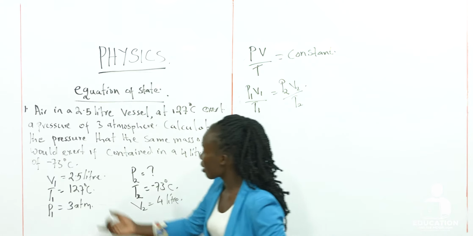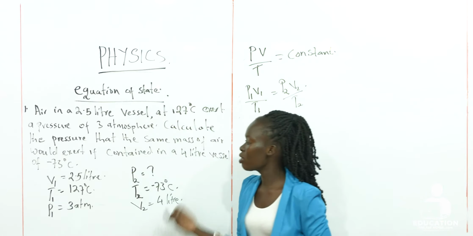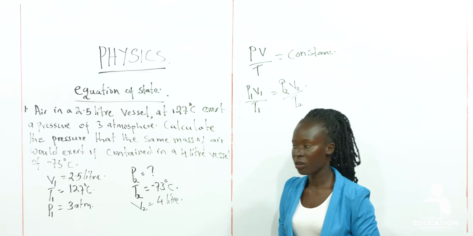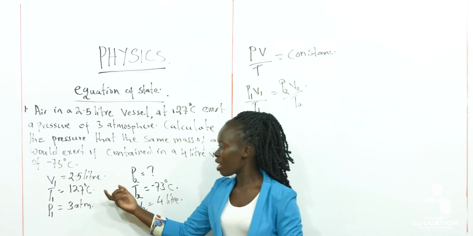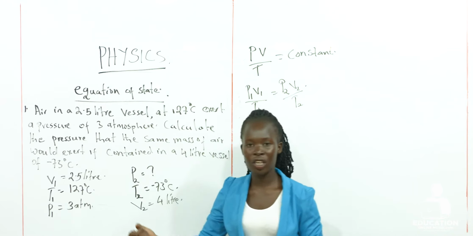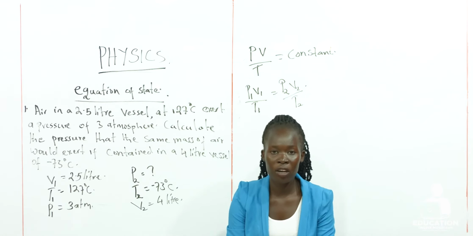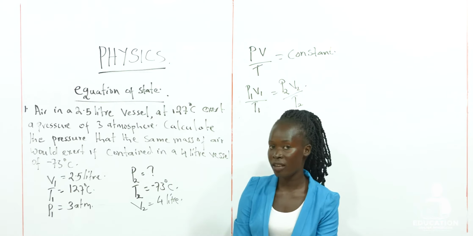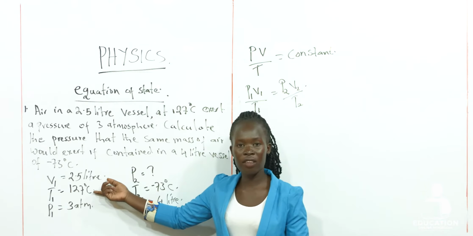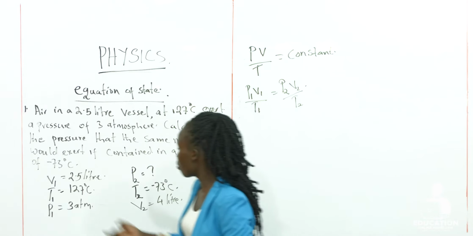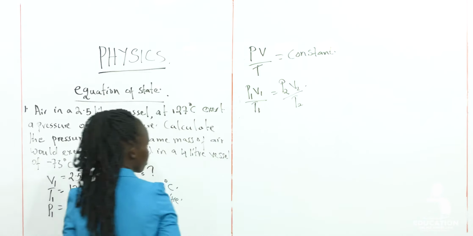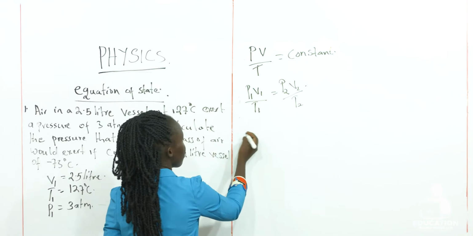So now, for 127 degrees Celsius, what shall we have? Instead of having 127 degrees Celsius, we shall add the value of the absolute zero temperature, which is 273, to convert this. So let's first convert our temperatures.